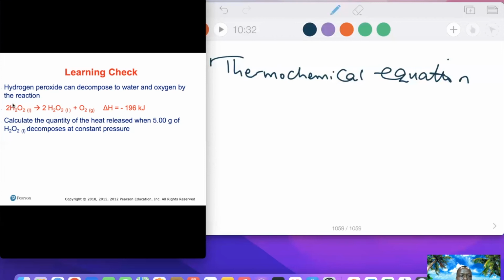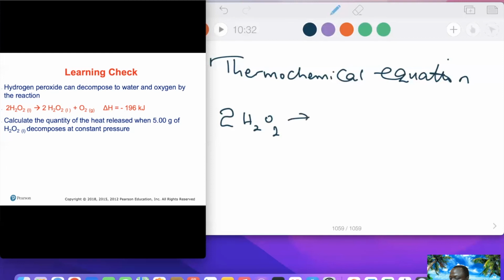Here we read it as when 2 moles of hydrogen peroxide decompose, it will release this amount of energy, in kilojoules. This should be H2O, by the way. Sorry about that.